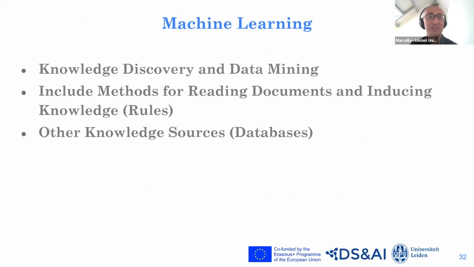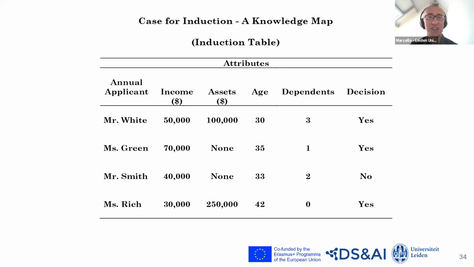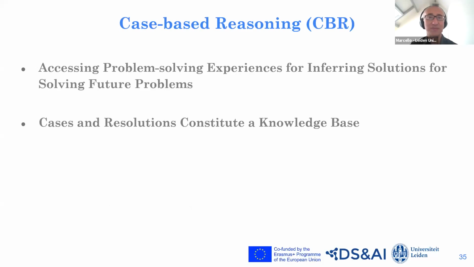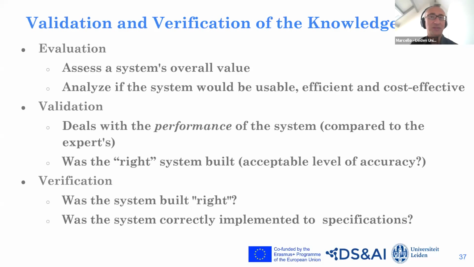Machine learning, of course, is a fully automated way to get this knowledge from examples. Case-based reasoning we have seen. So that's all. This will close the course in a soft way, so the students can just relax and prepare for the exam.